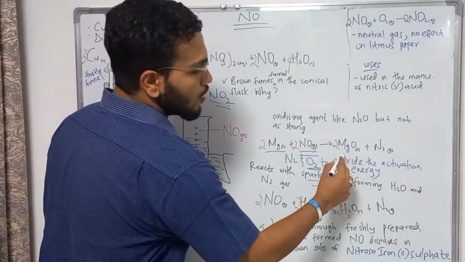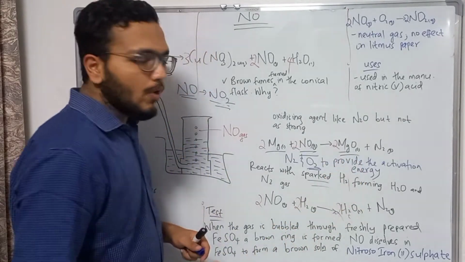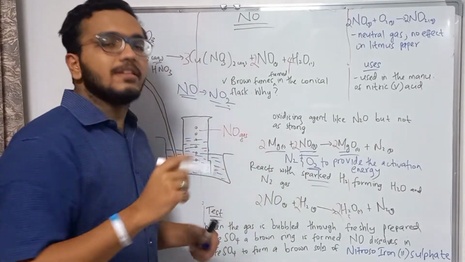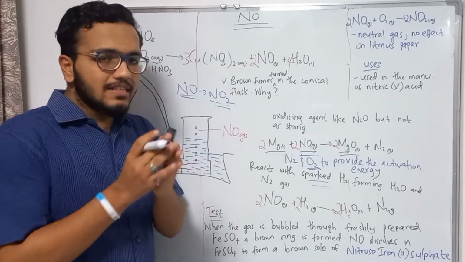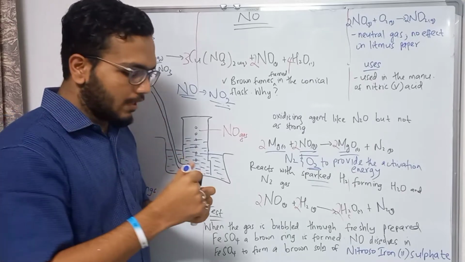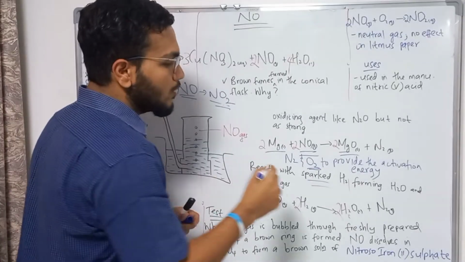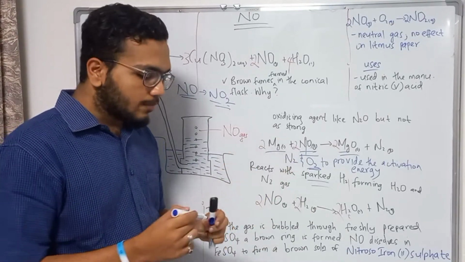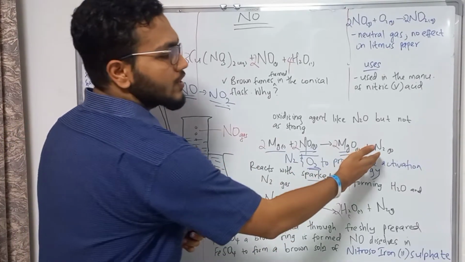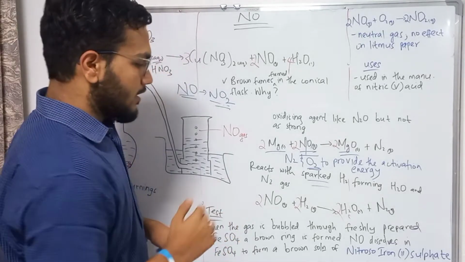So a white solid of magnesium oxide will be formed. Why? Because of instability. Yes, it is slightly more stable than nitrogen 1 oxide, but it is still not completely stable. So it can be broken down. So when the NO is broken down into nitrogen and oxygen, the oxygen is used to support combustion and nitrogen gas is produced as a byproduct.